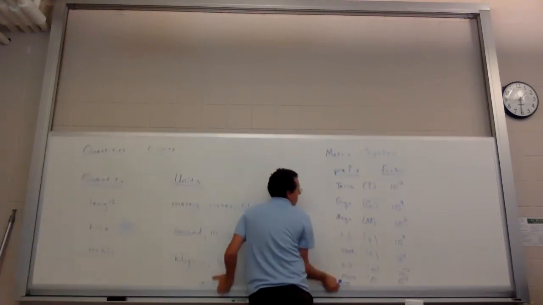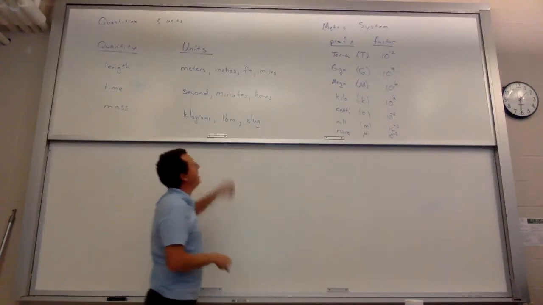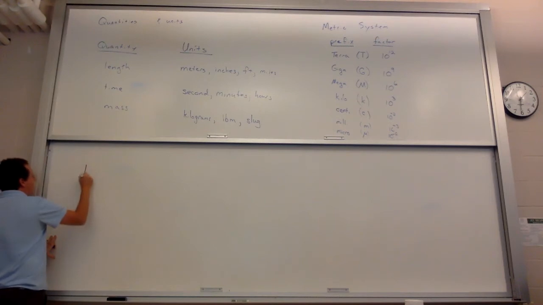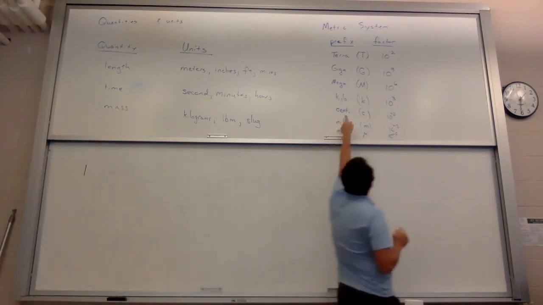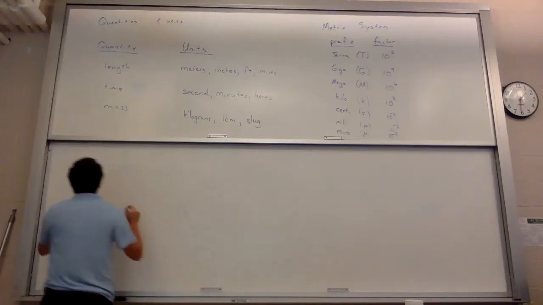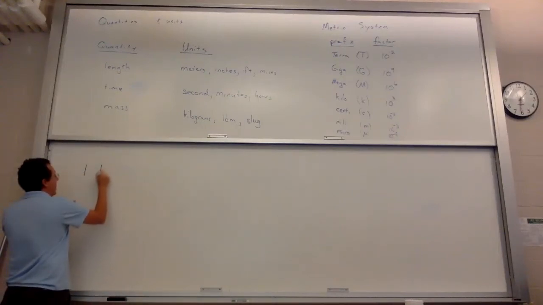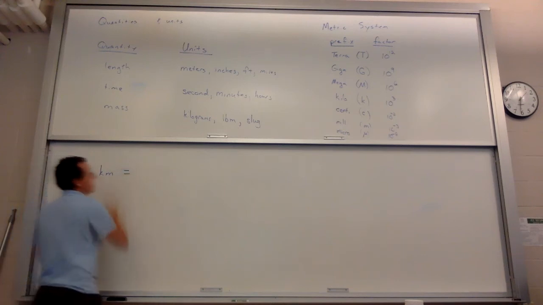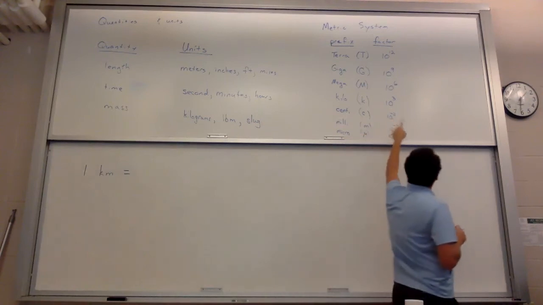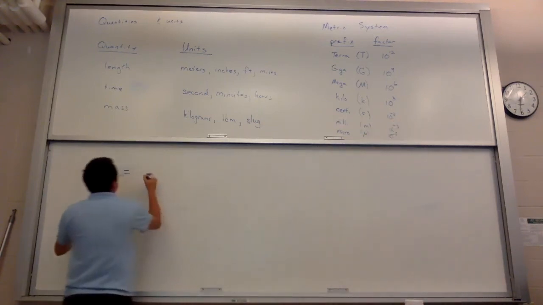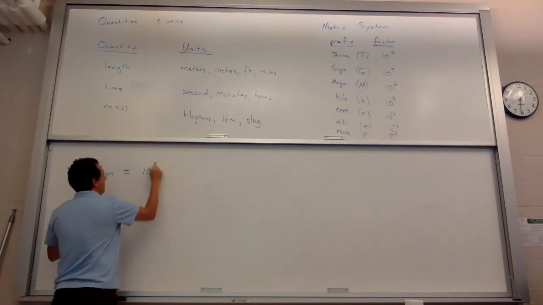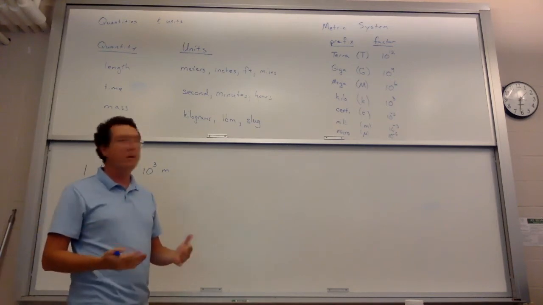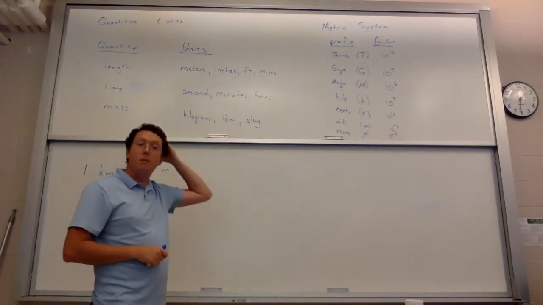So what I would do with this table of values is say, for example, 1 kilometer, so I'd write 1 km, is the same as, I go over here and look at my conversion factor, 10 to the 3 meters. 1 kilometer is 1,000 meters. That's how I use this table to get my answer.